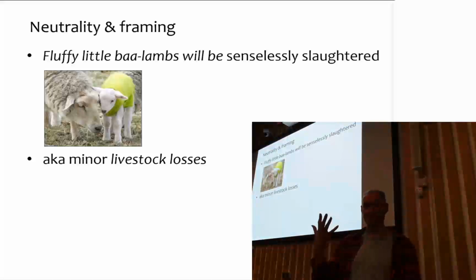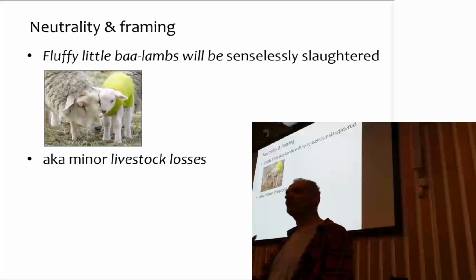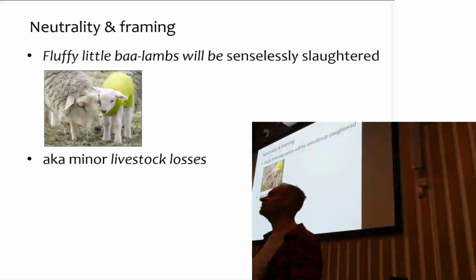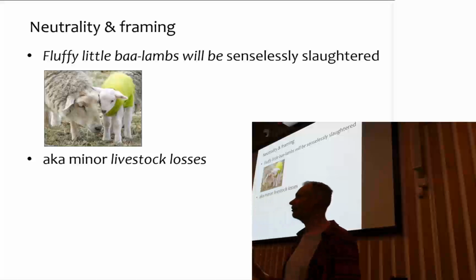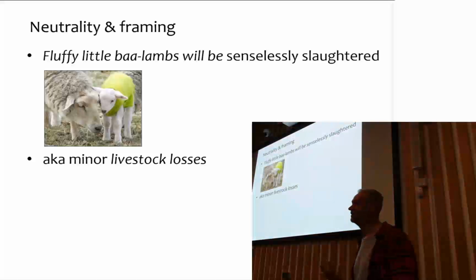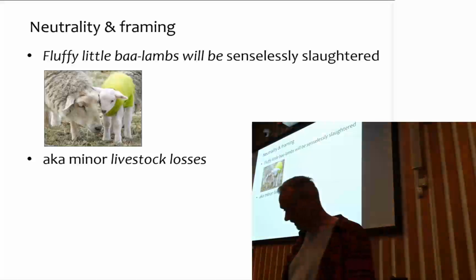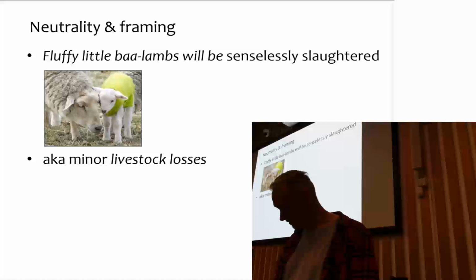And at that very point, your respondents are no longer representative of the population, because you told them something that the general public doesn't know, right? So there's many difficult trade-offs to be made.